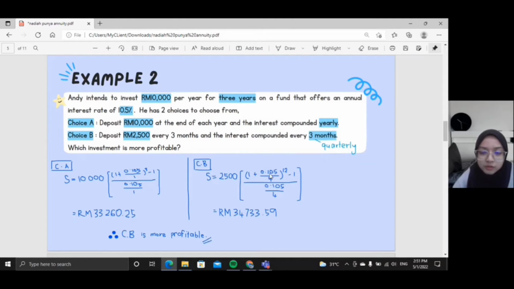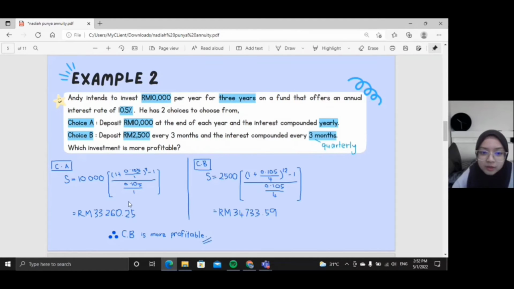And then how can I get the 12? 3 times 4, M times T equals N. So we will get N is 12, minus 1 over 0.105 over 4, and we will get the answer for choice B is 34,733 ringgit with 59 cents.